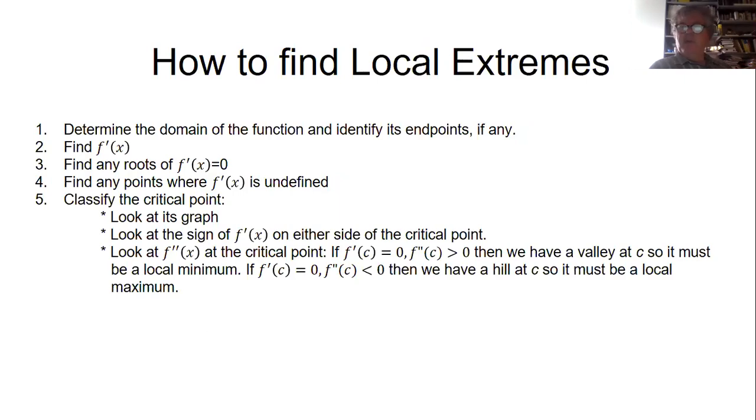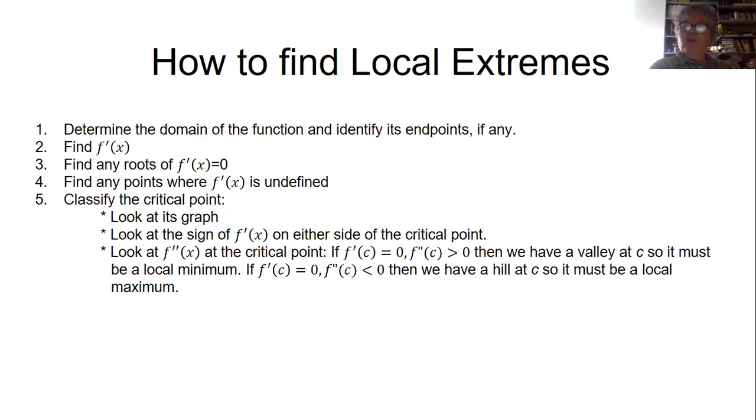For example, if you're talking about square root of x, you can only do that when x is greater than or equal to 0. So 0 is an endpoint, even though it might not be mentioned. Once you have the function and its domain, you find its derivative. Then you set that equal to 0, and you find all the critical points that way. Next, you look for any points in the domain where the derivative is undefined.